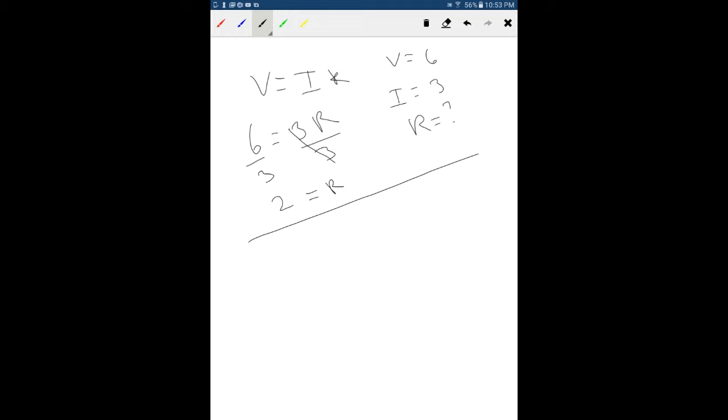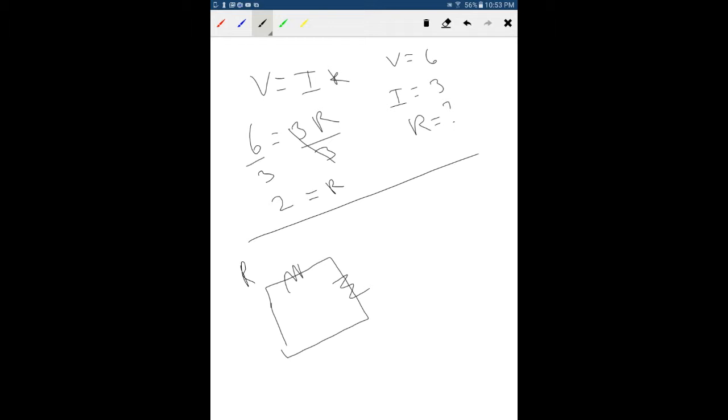Now the more complicated thing is solving for total resistance. So we're going to draw two circuits. Here's one circuit, and this is the symbol for a resistor, a squiggly line like that. So here is resistor 1, and notice that it's in series.